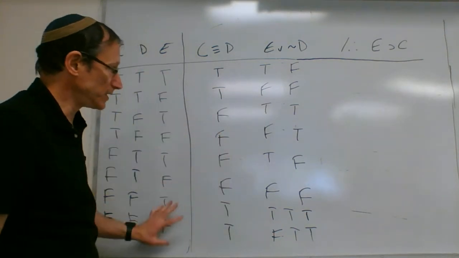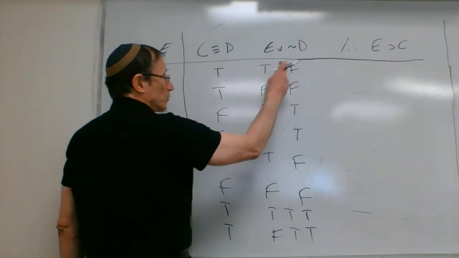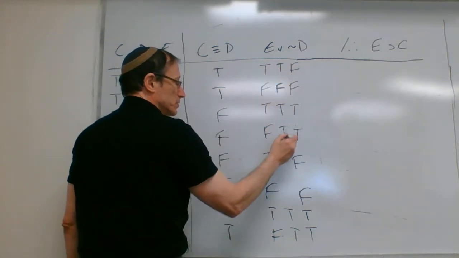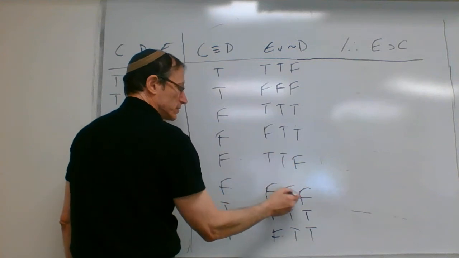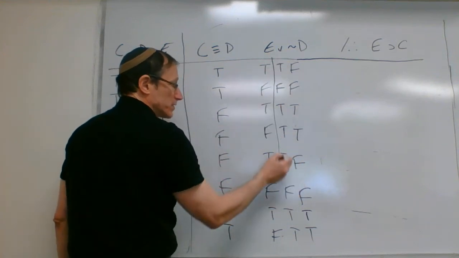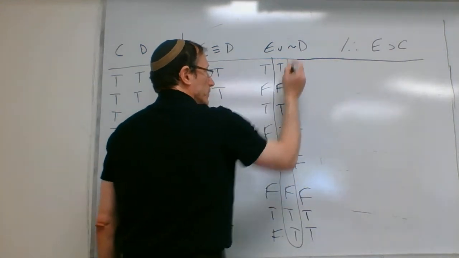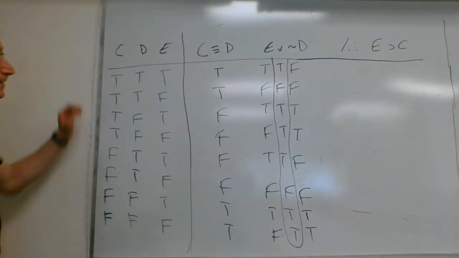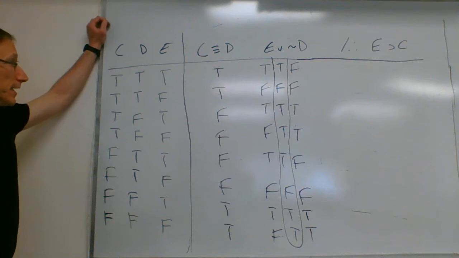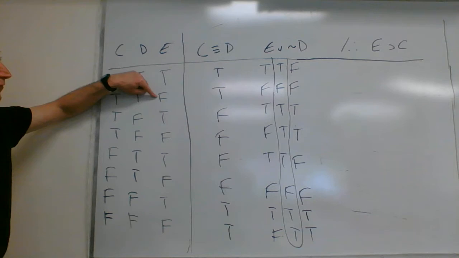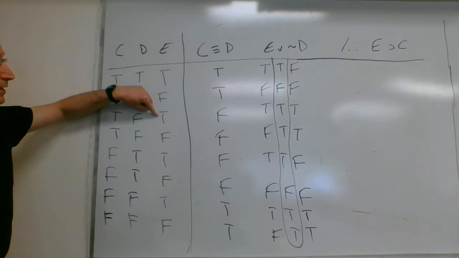That is the value of E. Now I'm looking at E wedge not D. It's true here, false here, true, true, true, false. This is the value of E wedge not D for all 8 rows on the truth table. Okay, true, false. I'm just checking this out to see if I copied over correctly.